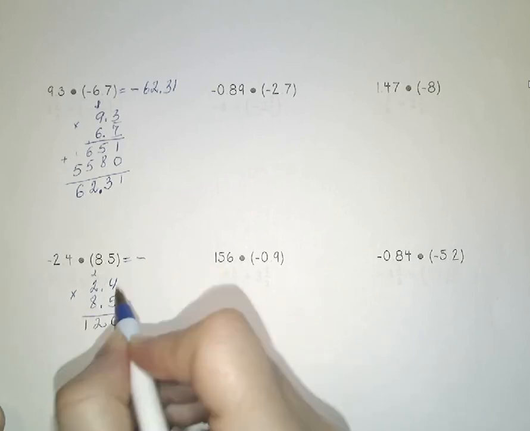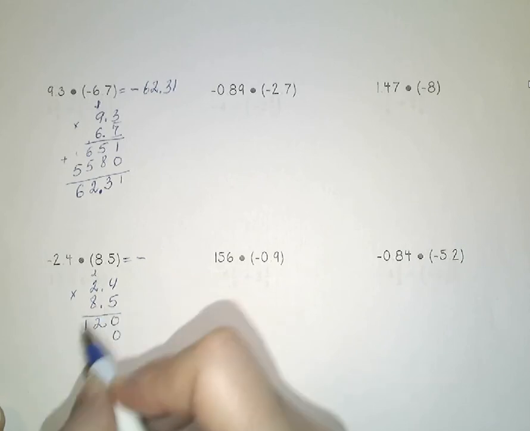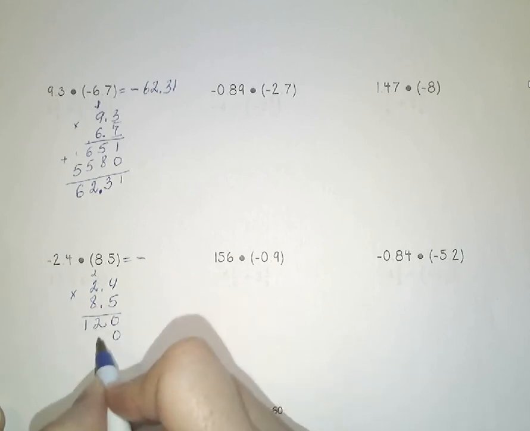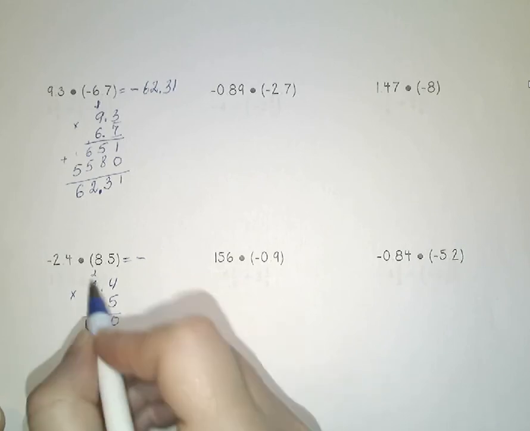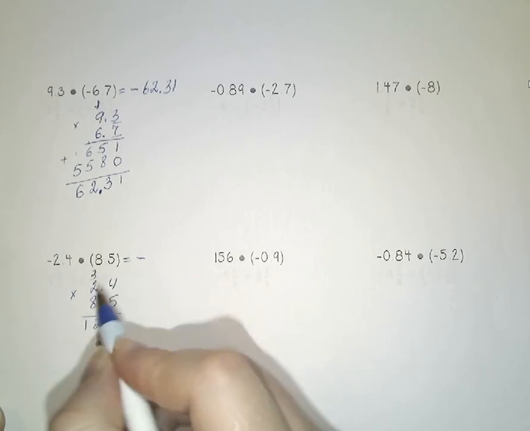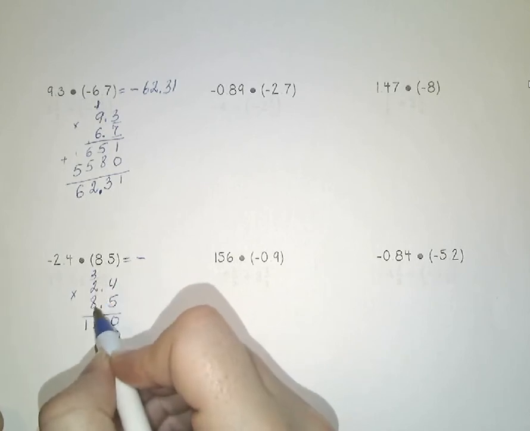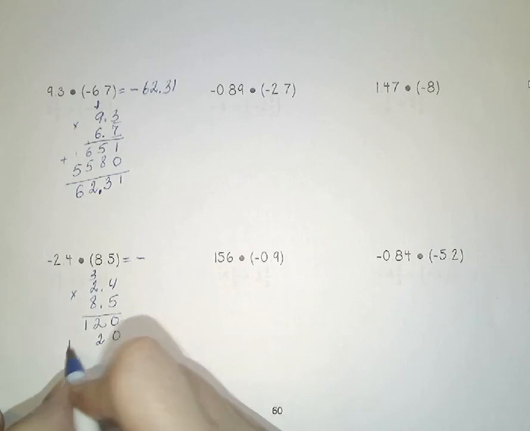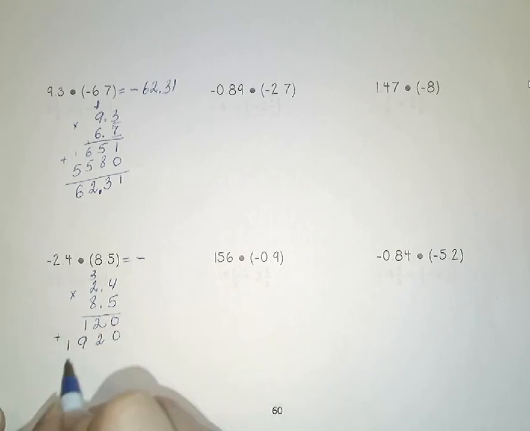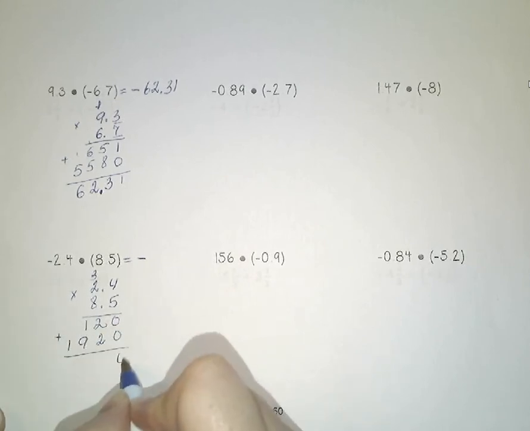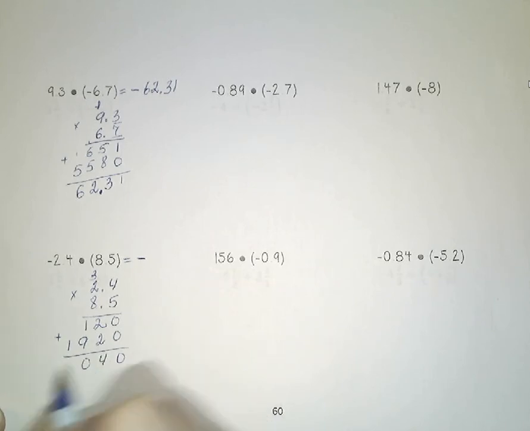Giving a placeholder. 4 times 8 is 32. And 3 to remember. 2 times 8 is 16, plus 3 is 19. Adding the numbers together. 0, 4, 10, 2.